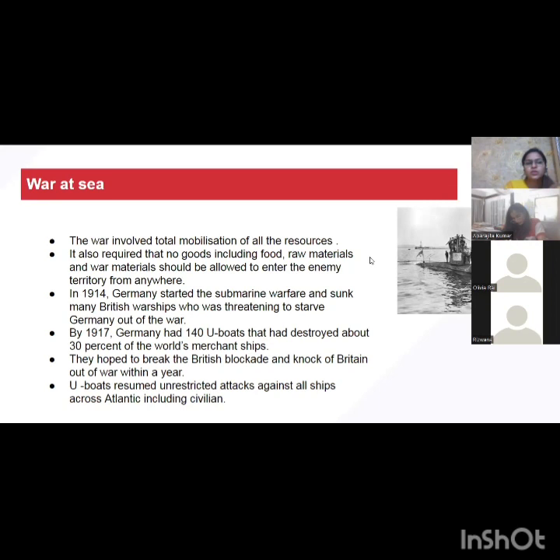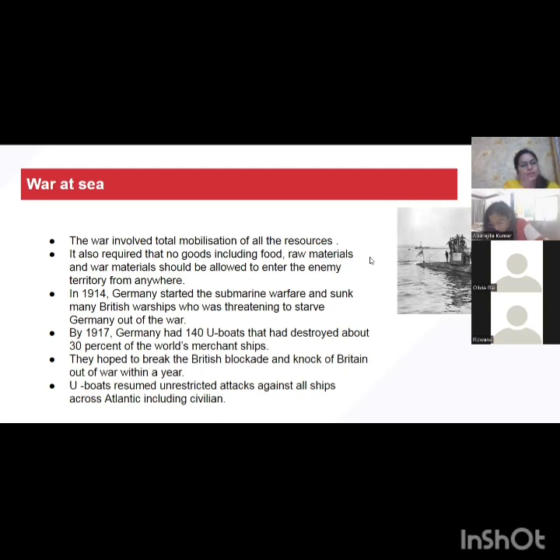By 1917, these U-boats started unrestricted attacks, across the Atlantic. The biggest mistake of Germany was that they didn't even leave civilian ships. Usually during war, civilian ships are not attacked.